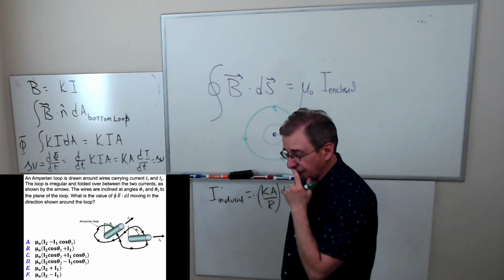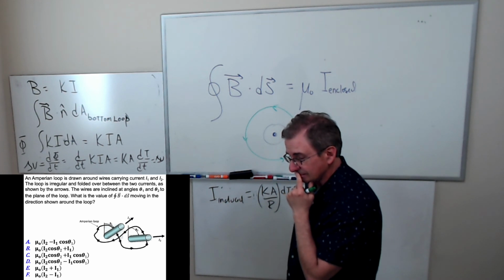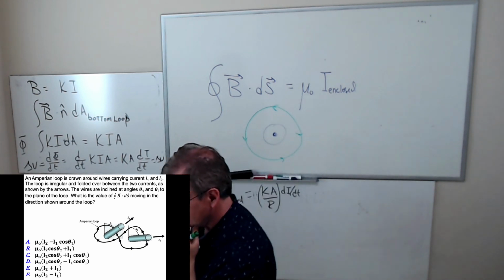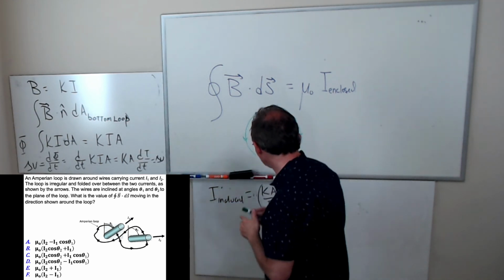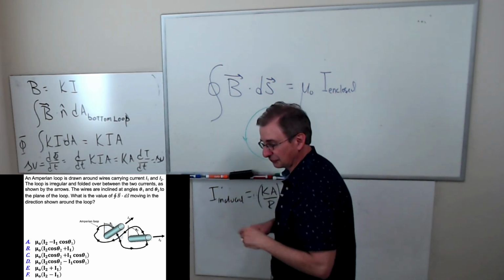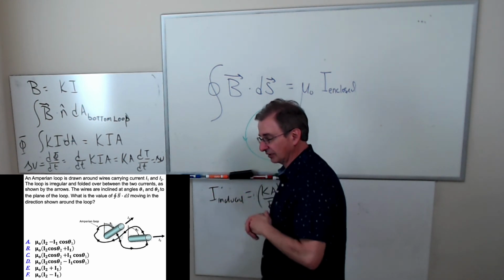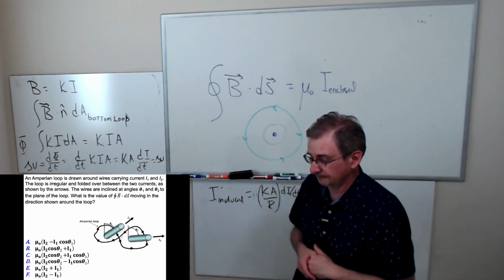So shouldn't it be F? Okay. Yeah, you have to look at the direction of integration on both of them, because for loop one, the magnetic field is opposite to the direction of your integration path.